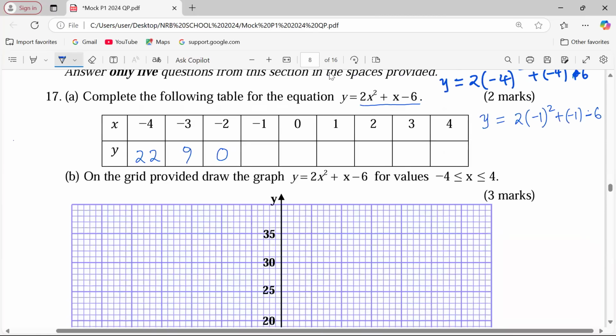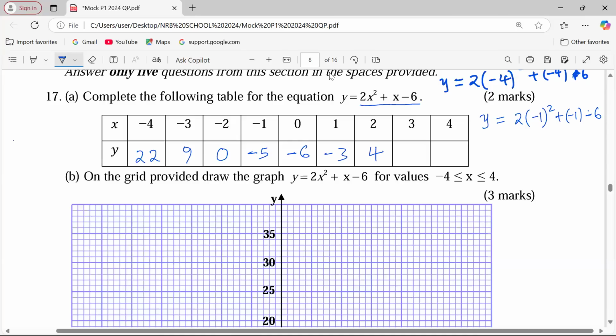You do the same for every other value. At x equals -1, we get -5. When x is 0, the value of y shall be -6. At x equals 1, y will be -3. At x equals 2, you substitute and get y as 4.